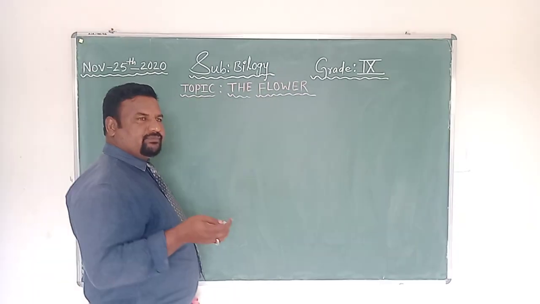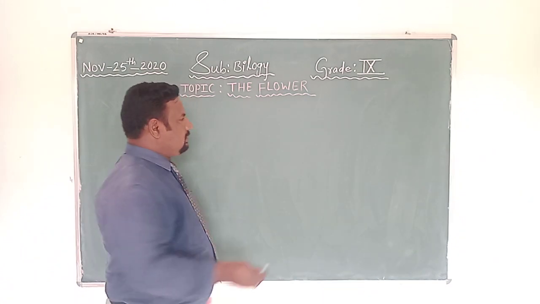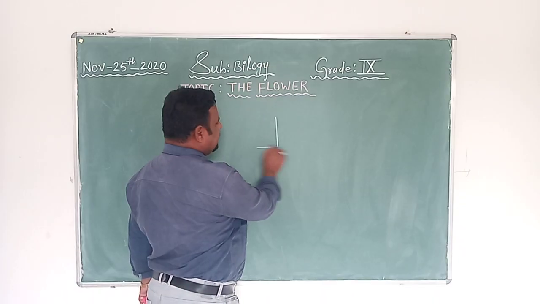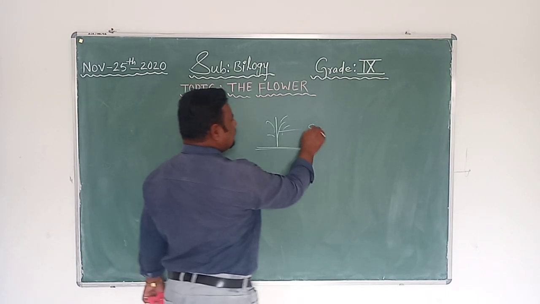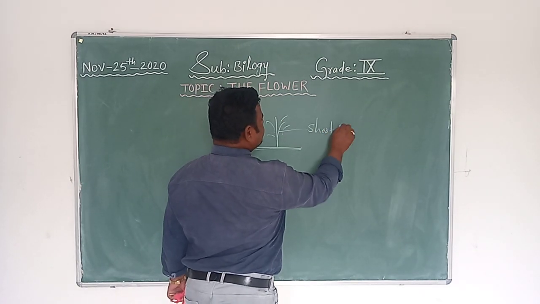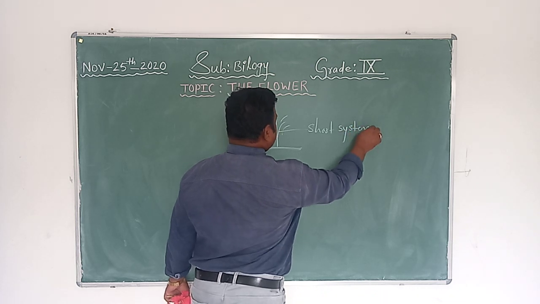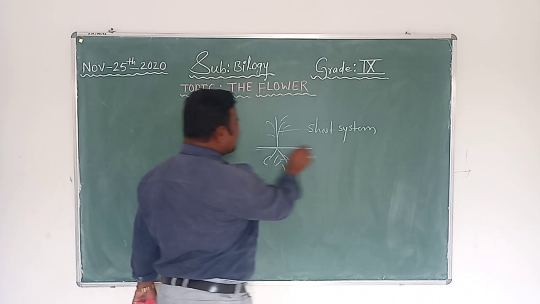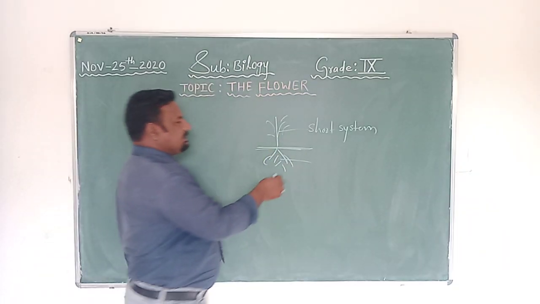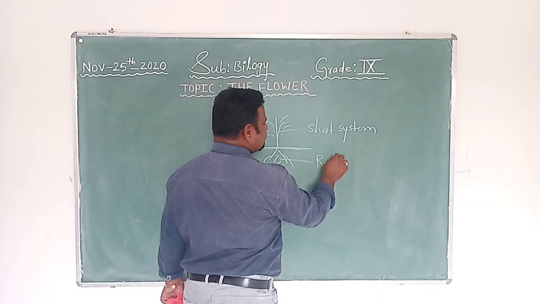The plant body is mainly well differentiated into two parts. The visible part of a plant body, which is above the ground, we call the shoot system. And the part of a plant body which is below the ground, we call the root system.